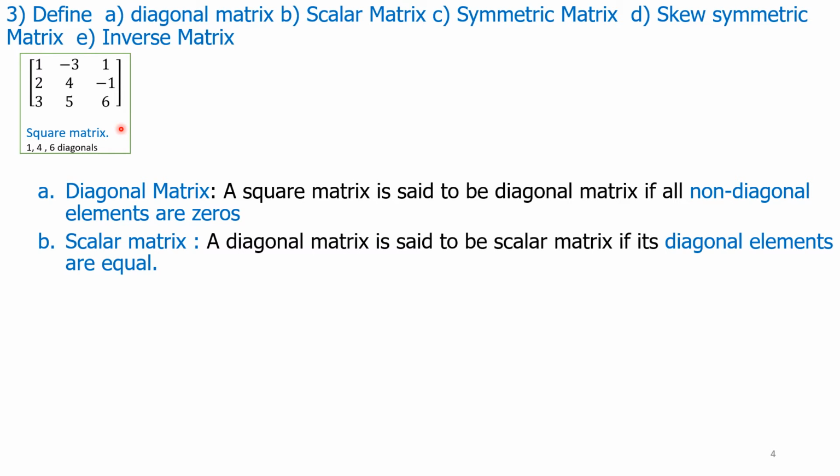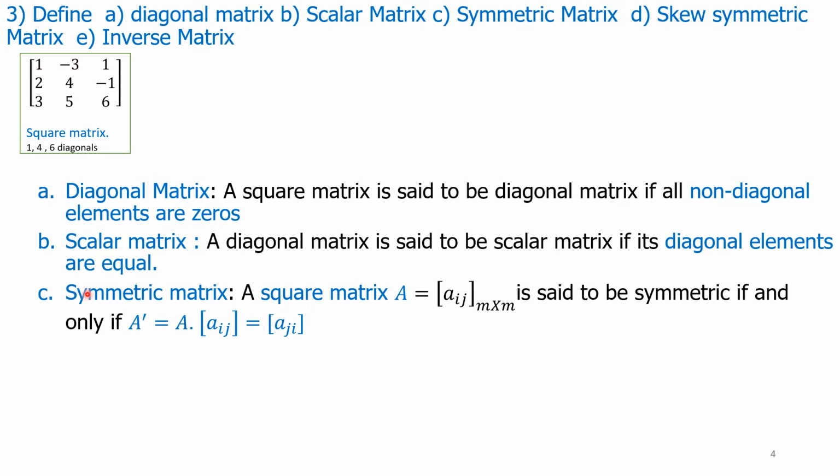Scalar matrix: a diagonal matrix is said to be a scalar matrix if the diagonal elements are equal. If all the diagonal elements are equal, here they are not, then it is called a scalar matrix. We will see examples of diagonal matrix, square matrix, and scalar matrix in subsequent slides.